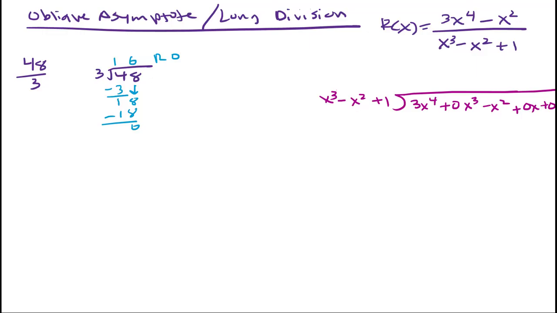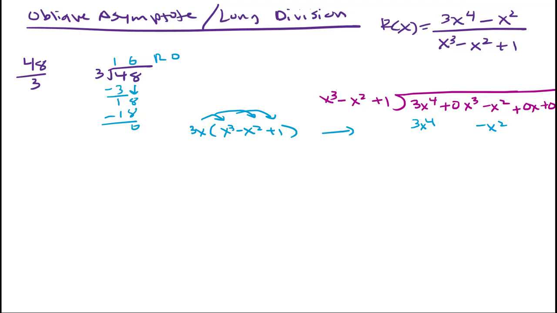Correct, right? 3x. So that's what I'm going to do. So I'm going to have 3x, and I'm going to multiply x cubed minus x squared plus 1. Okay, and I'm going to put that information in this row. So I'm going to distribute this.